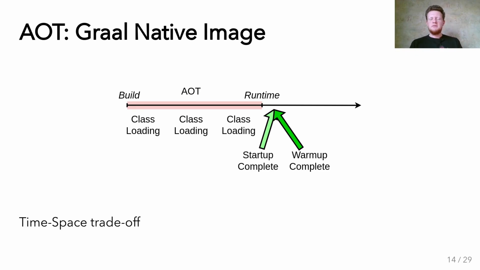That means all classes that will be loaded are known in advance at build time. And then, since the whole code is known, the AOT compiler has a chance to optimize the whole program as it is. And since this is done at build time, we can spend much more time on optimizing than is possible for a JIT compiler.